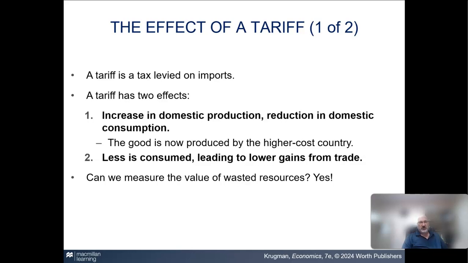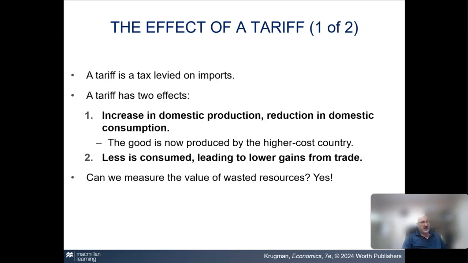There's a tariff called a revenue tariff, and that's the one where we don't make the good. We want you to keep sending it, but we're going to put a little bit of a tariff on it just to take a little money off the top.